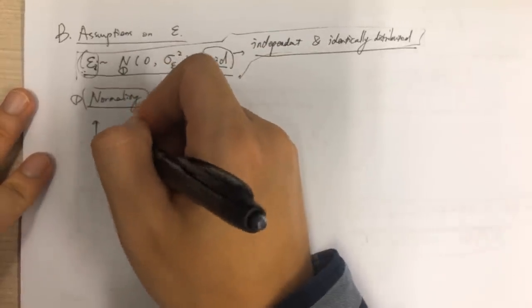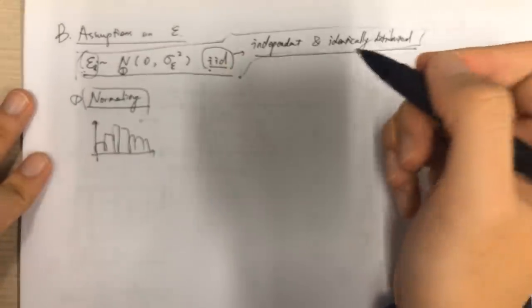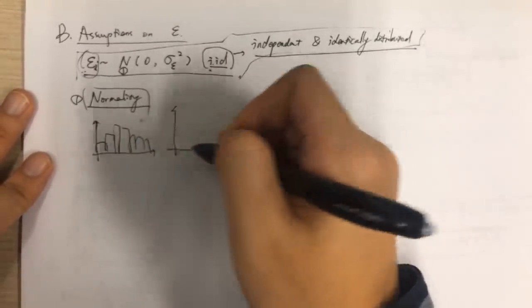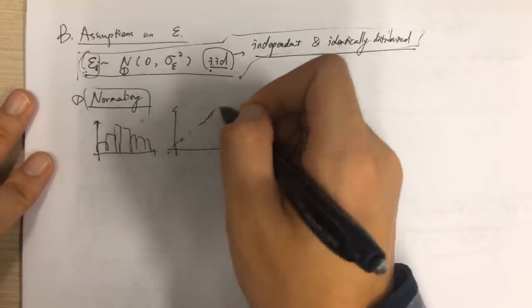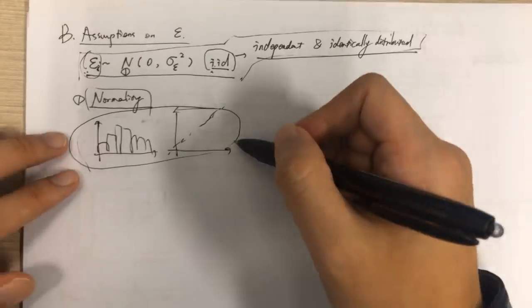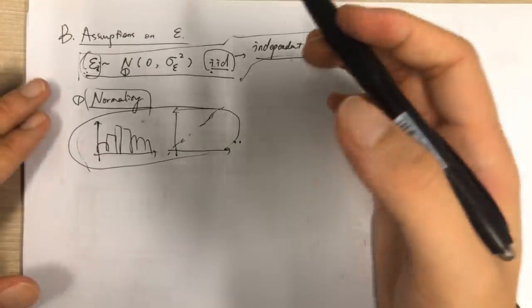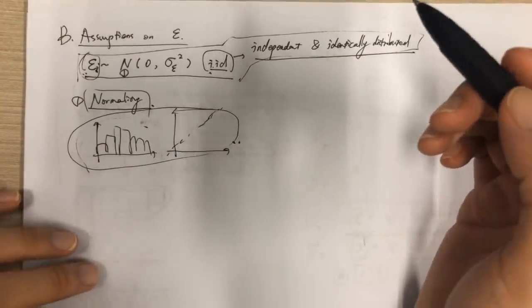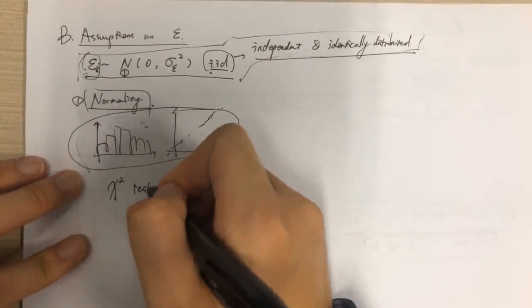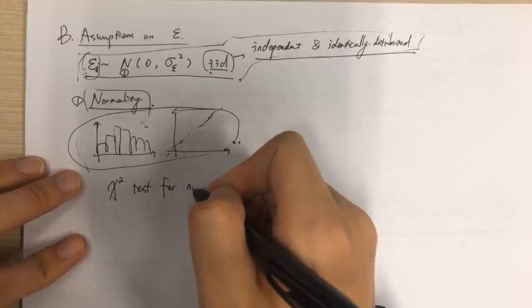We can do a residual histogram and see if it follows a normal distribution. Or we can also look at a normal probability plot or QQ plot in your Excel output. But all of those are too subjective, right? So therefore, normality is usually tested by chi-square test for normality.